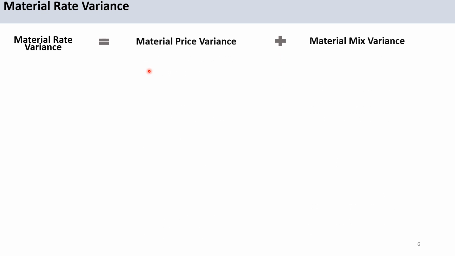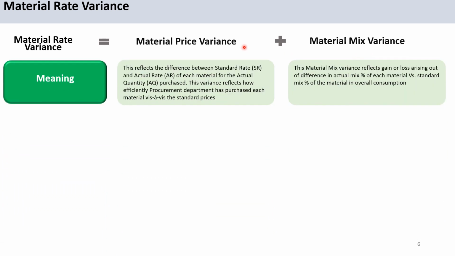Now let us understand the second component of cost variance, that is material rate variance. Material rate variance, as I explained earlier, is the sum of material price variance and material mix variance. Material price variance reflects the difference between standard rate and actual rate of each material for the actual quantity consumed or purchased.